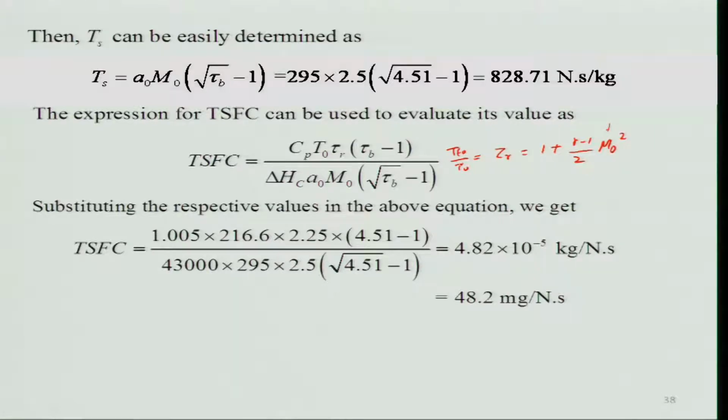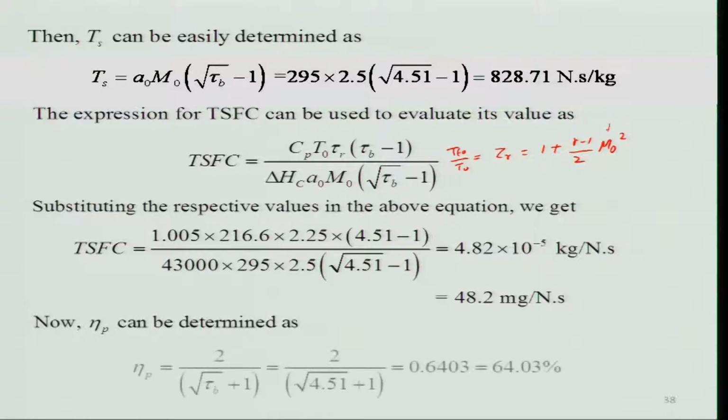So if I substitute these values, I will get 48.2 milligram per Newton second. I put it in milligram so that it will be easier to remember. Otherwise, you can put it in SI unit, kg per Newton second, right?